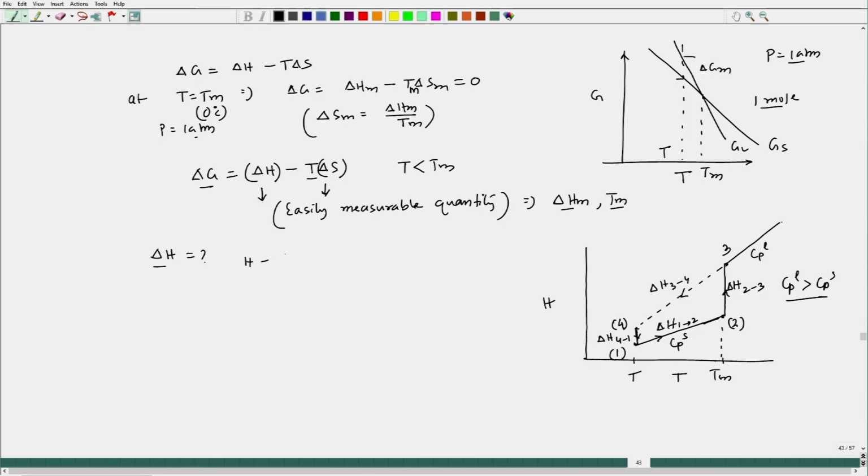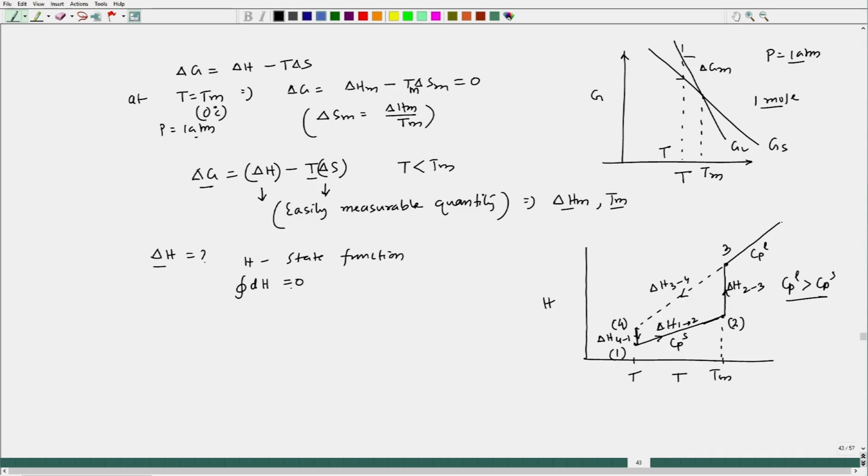Now, I know that H is a state function. So, if it is a state function, then delta H should be 0 if I go through a cyclic process coming back to the same state.